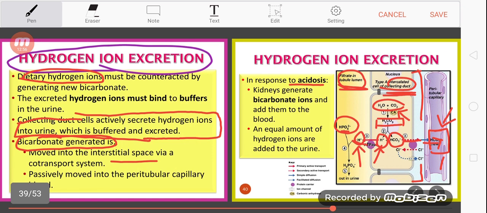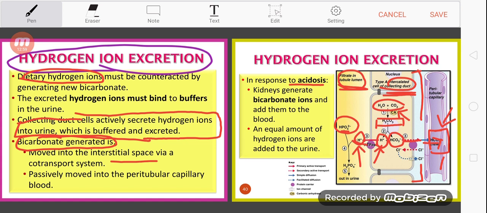Or you can use this diagram here. Instead of forming new bicarbonate, now what happens is it will reclaim the H plus. Once reclaimed, the bicarbonate ion will be excreted out, and this H plus will bind with other bicarbonate ion, or the H plus will be transported into the blood system.